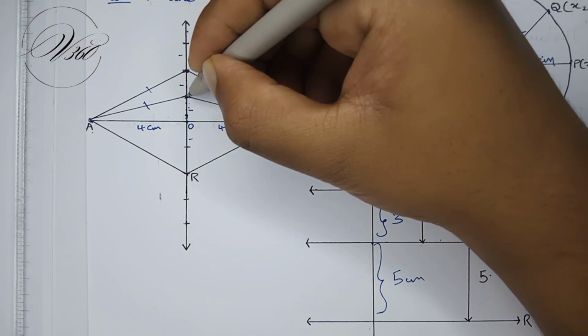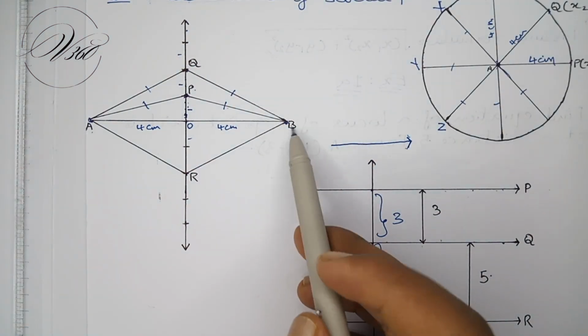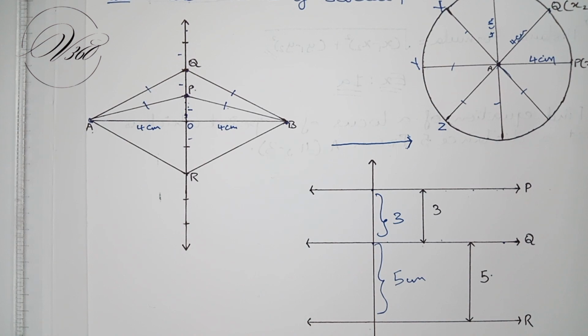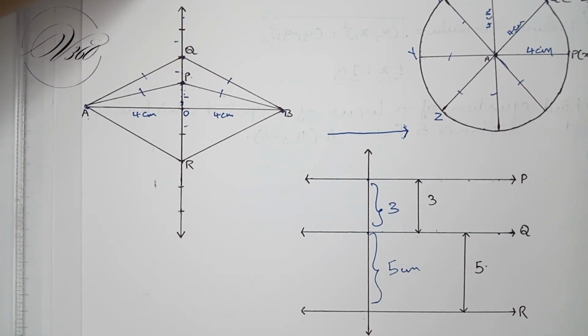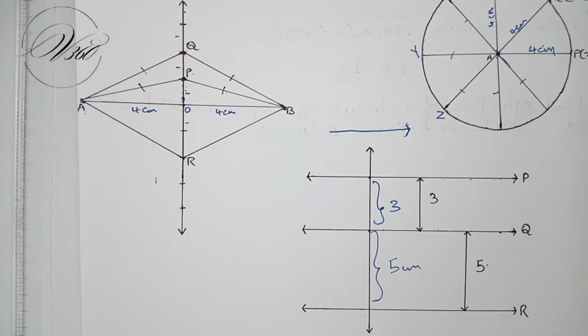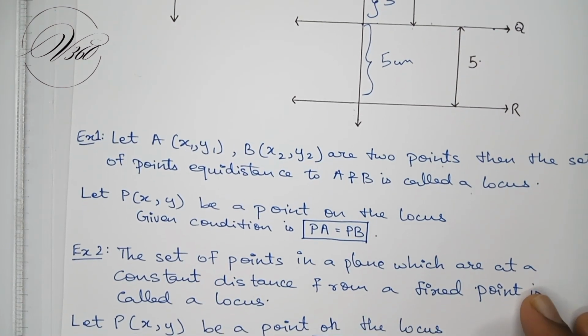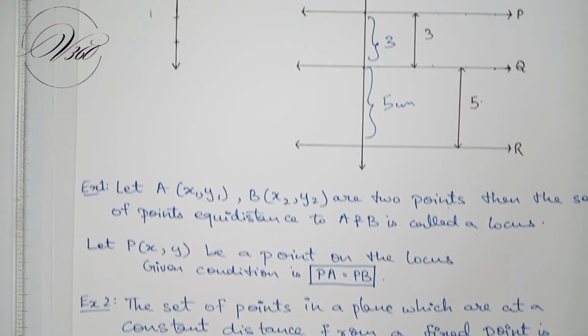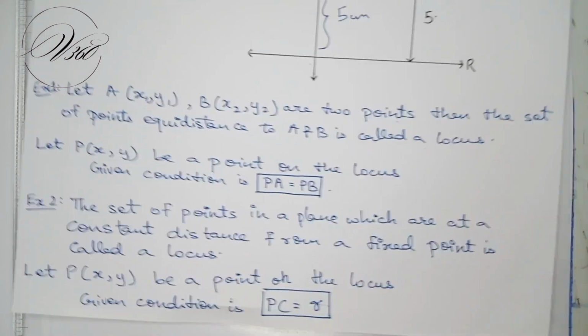This is a fixed point locus, right? And this is 2 points which connects the point here P locus. Okay. Now this explains that we can form a locus by example number 2 also, right?